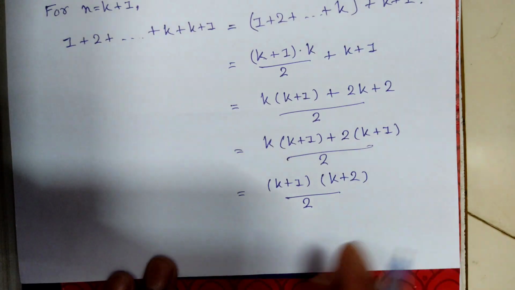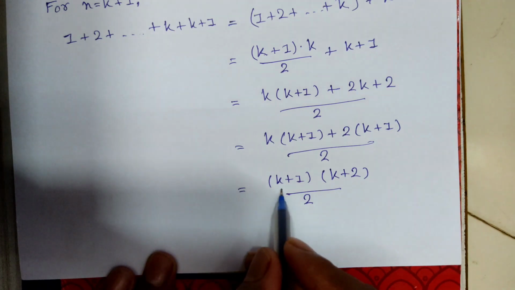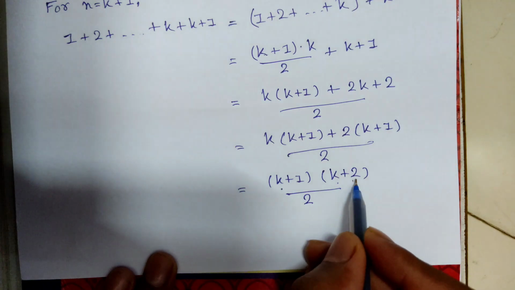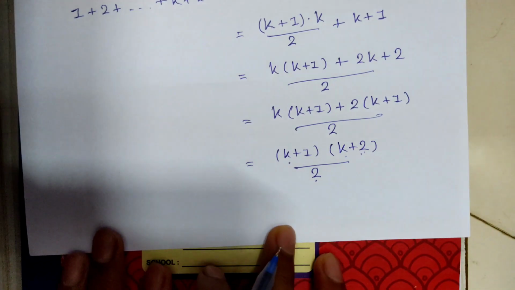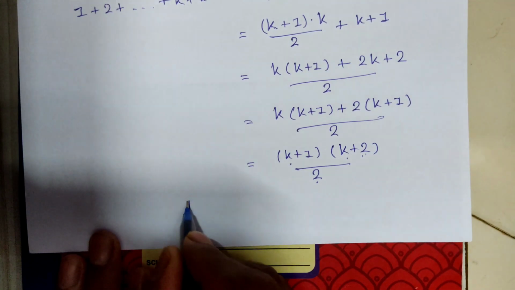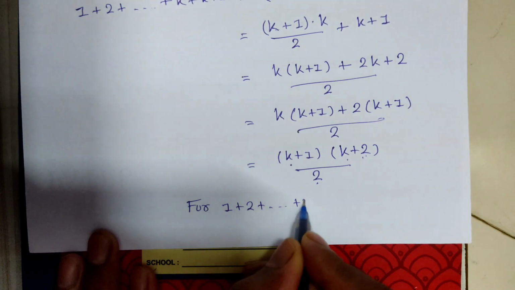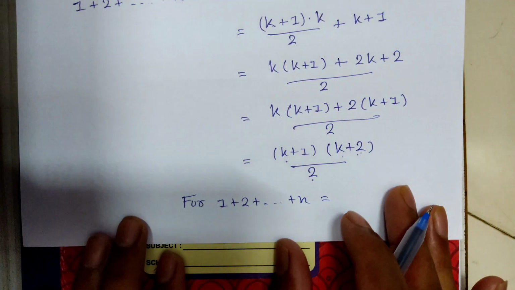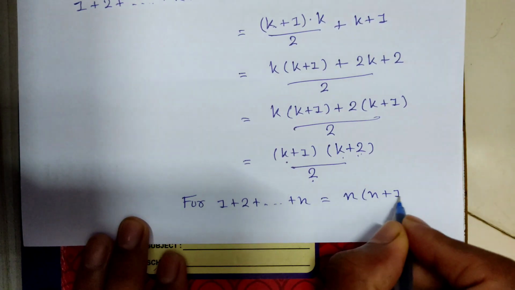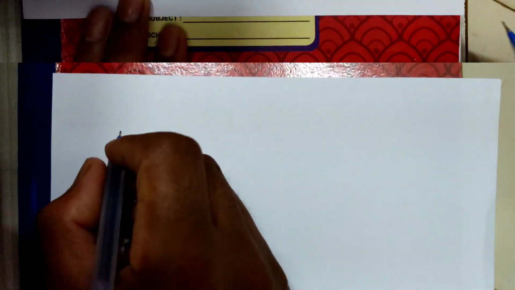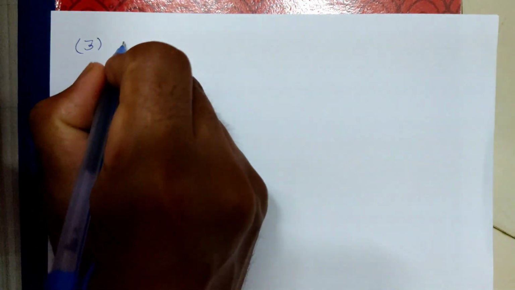So this is the formula for n equals k plus 1: k plus 1 into k plus 1 plus 1 upon 2. Mathematical induction proves that the sum of 1 to n integers equals n into n plus 1 by 2.